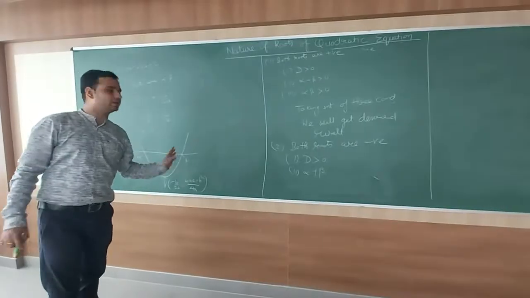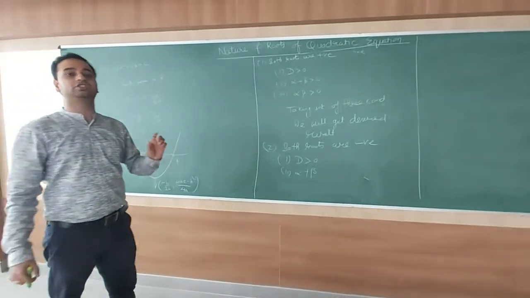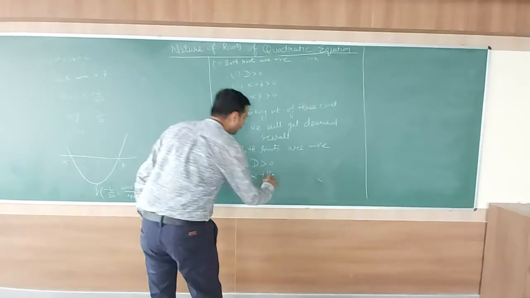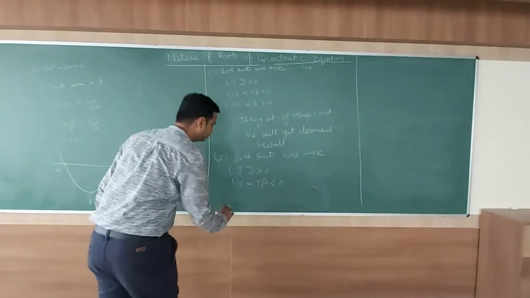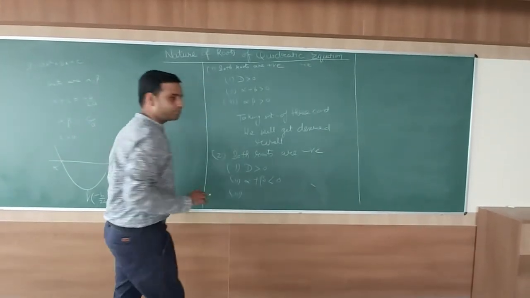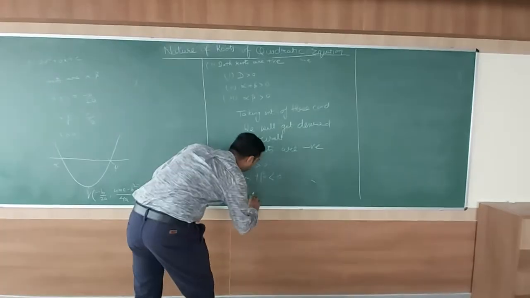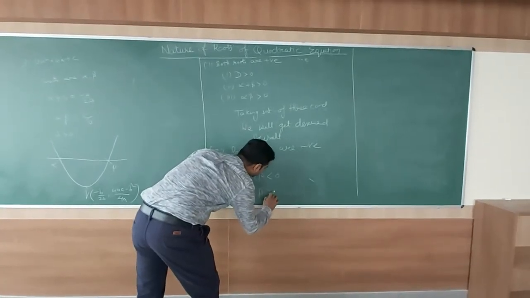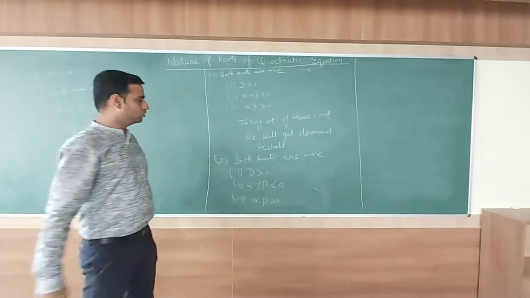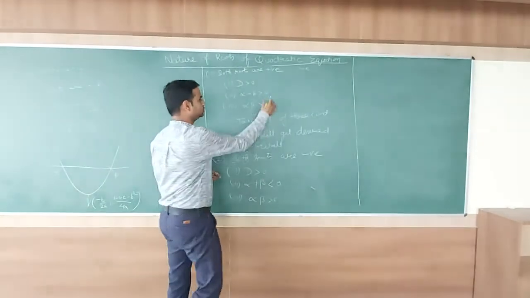This is negative and this is negative, so their sum would necessarily be negative. So alpha plus beta will be less than 0. And third point, as both roots are negative, their product will be positive, alpha beta greater than 0.